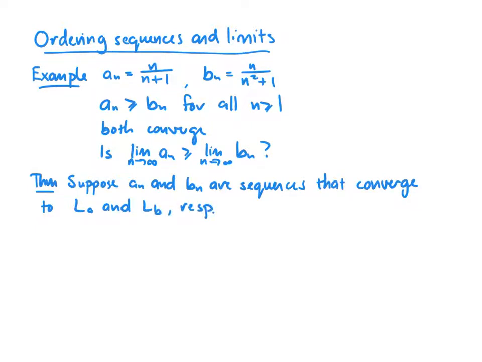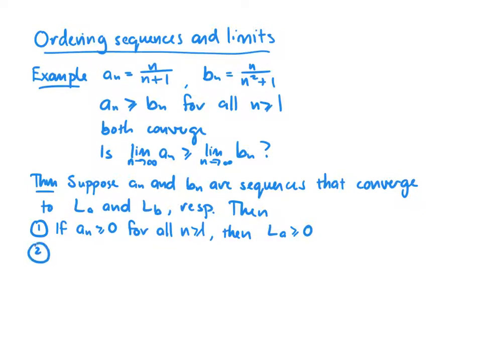Okay, then here are some statements. So one is, if a sub n is greater than or equal to 0 for all n greater than or equal to 1, then its limit has to be greater than or equal to 0.